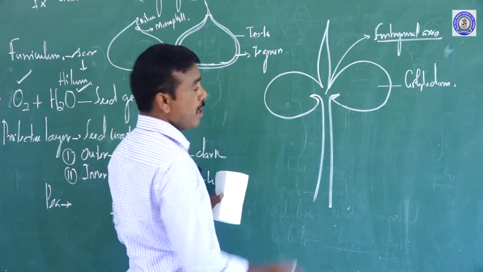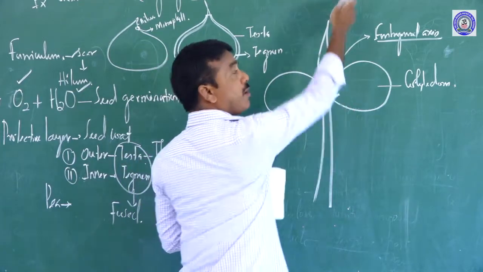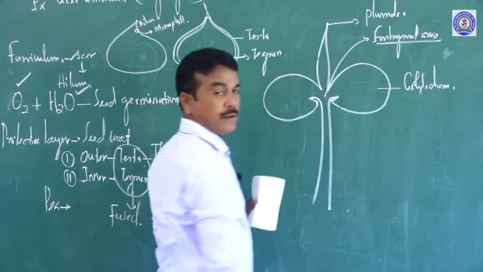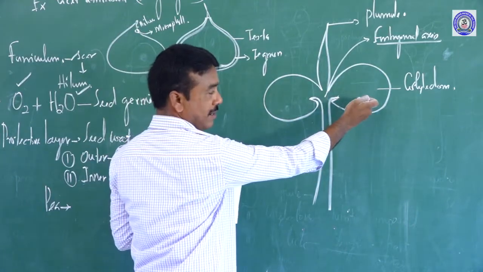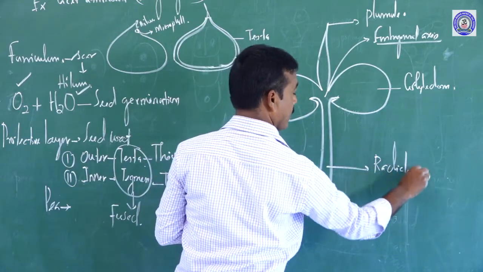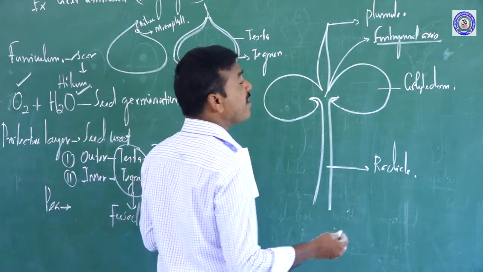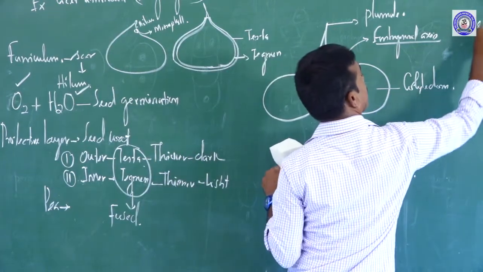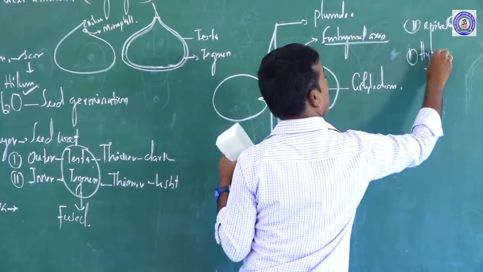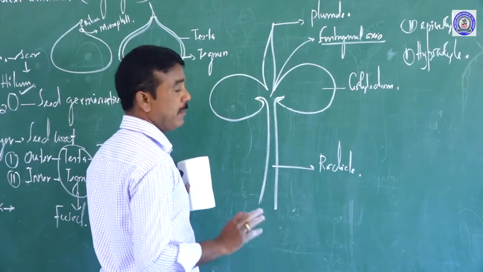The part of the embryonal axis present above the cotyledons is commonly called the plumule. The part of the embryonal axis below the cotyledons is commonly called the radicle. Next we discuss the epicotyl and hypocotyl.